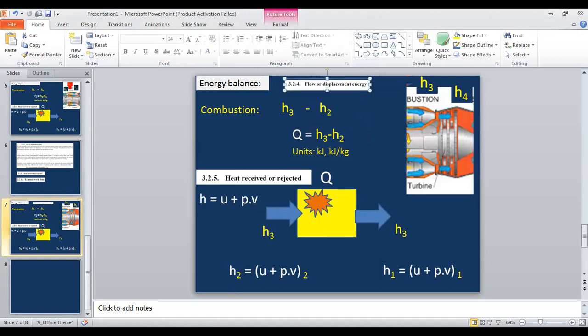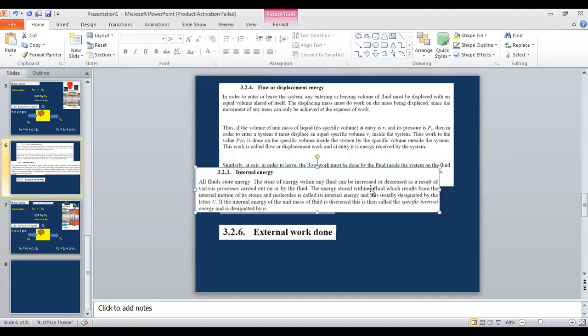So even about the internal energy, in your notes, look into the notes. This is about internal energy.